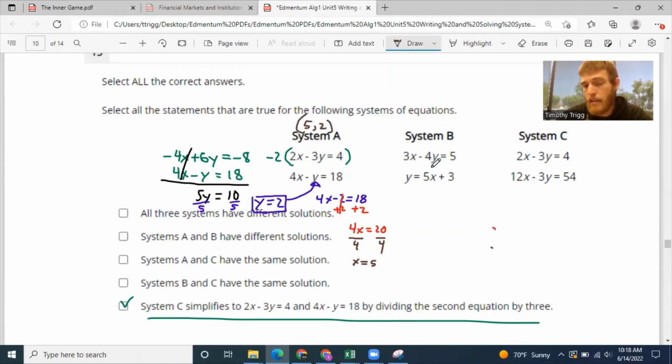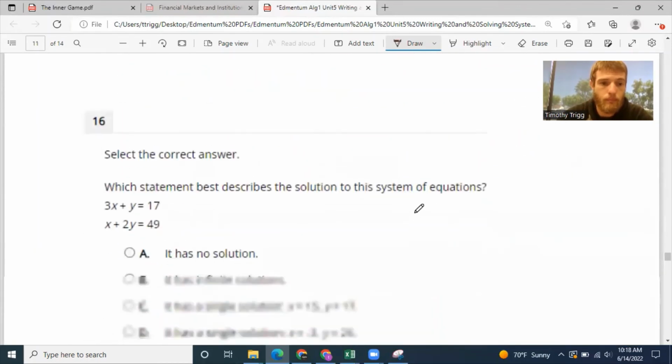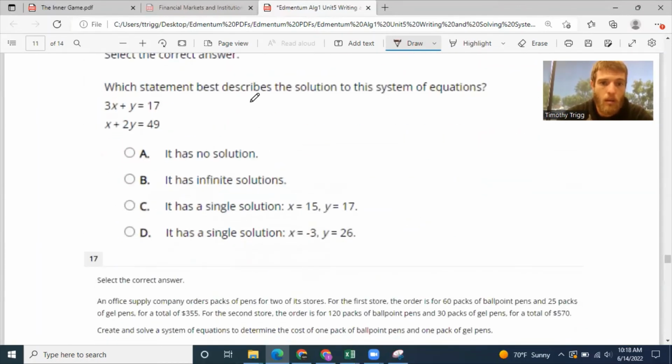See if you can find the solution to both these systems and then determine which of these statements is true. Okay, so here we want to find the solution. Here it might have no solution. Here it might have infinite solutions, or these could be one of your solutions.